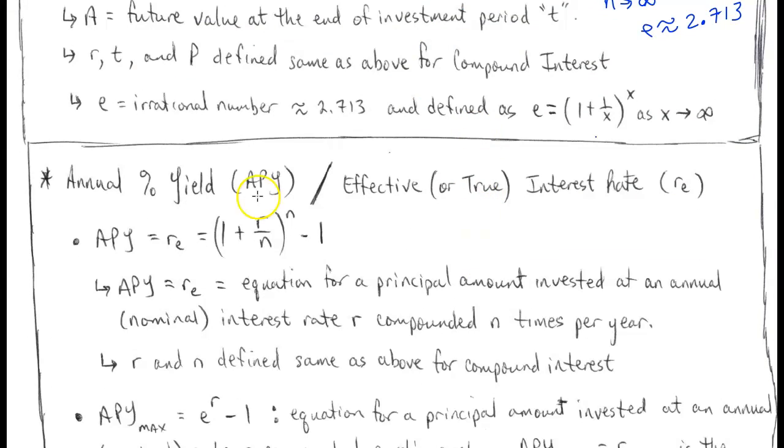All right, so now let's look at the annual percentage yield. The annual percentage yield, or what's called the effective or true interest rate, is essentially the difference between what was originally invested or borrowed and the future amount.